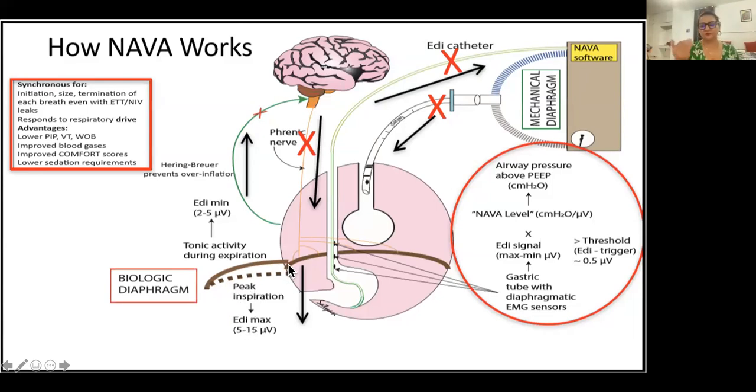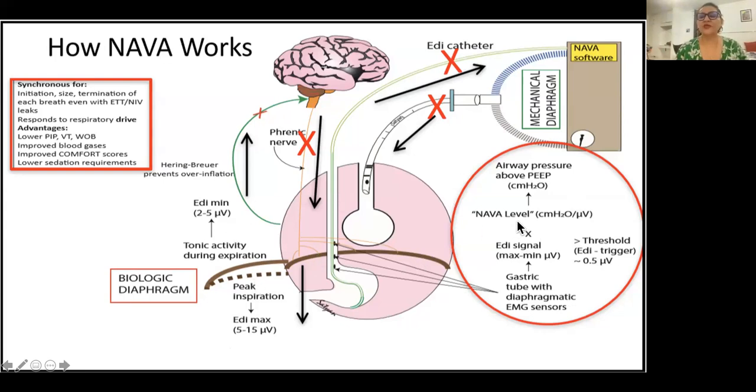But what I want to tell here is that there are two things. One, that there is a tonic activity during expiration when the baby is expiring, and that is tonic EDI, which is minimum, that is 2 to 5 microvolt. And when there is a peak inspiration, there is a contraction of the diaphragm, and their EDI maximum is 5 to 15. That's the usual one.